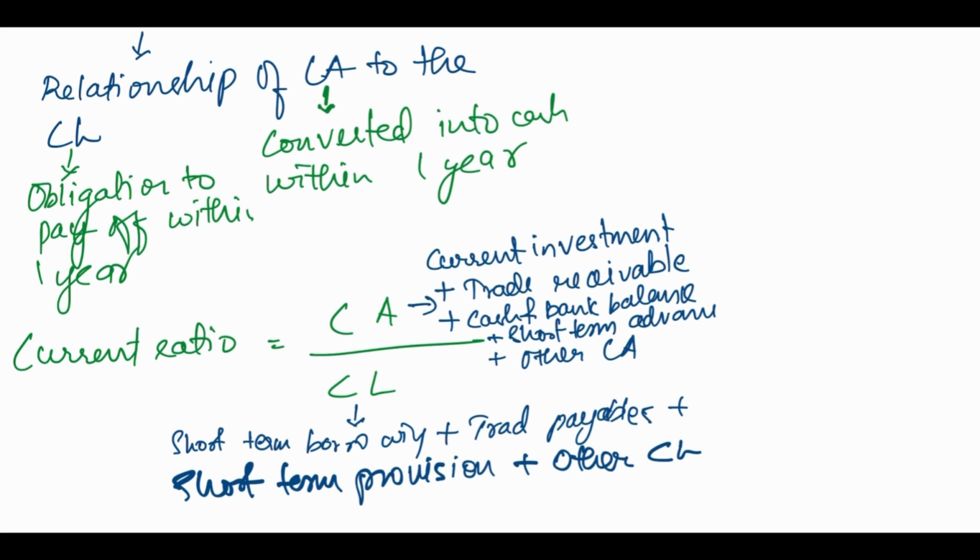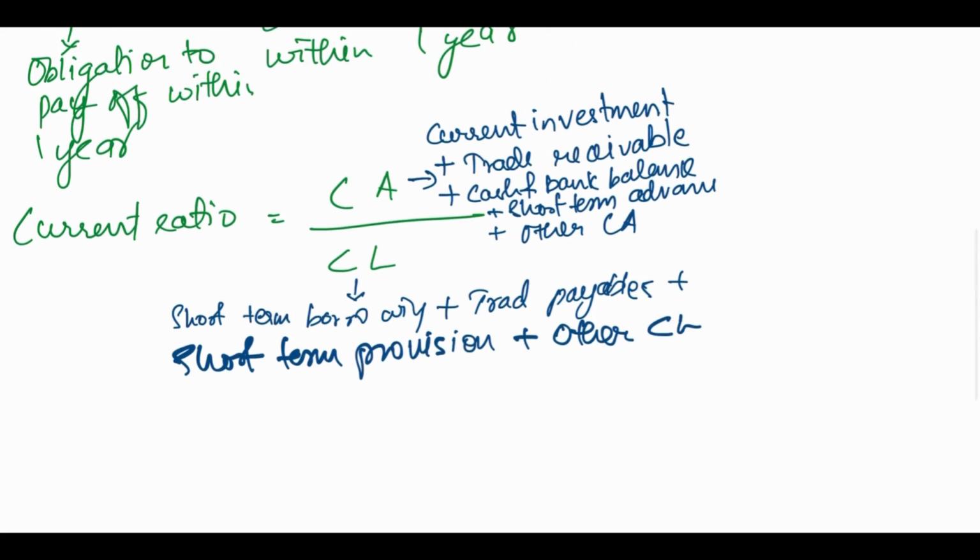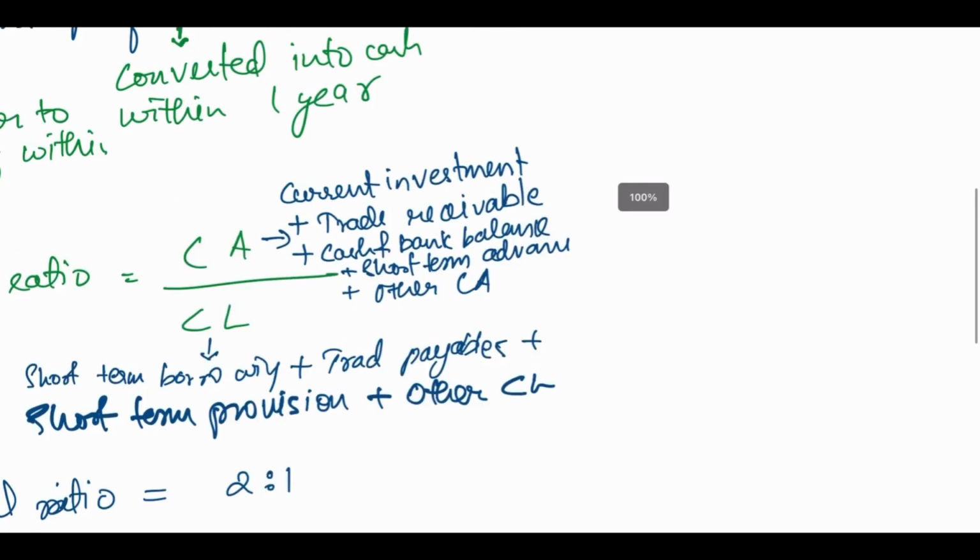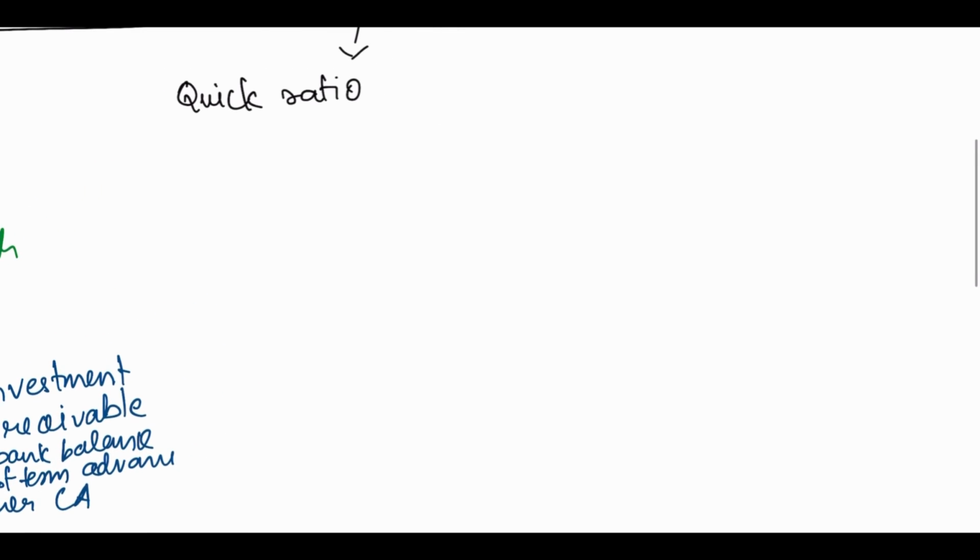So these things will be included in current liability. And the ideal ratio, current ratio's ideal ratio is 2:1.